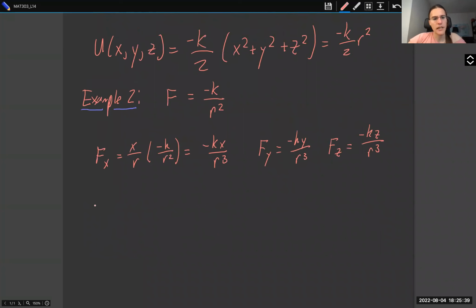And so the potential, or rather the negative of the potential, is equal to... Remember that R is the square root of X squared plus Y squared plus Z squared.